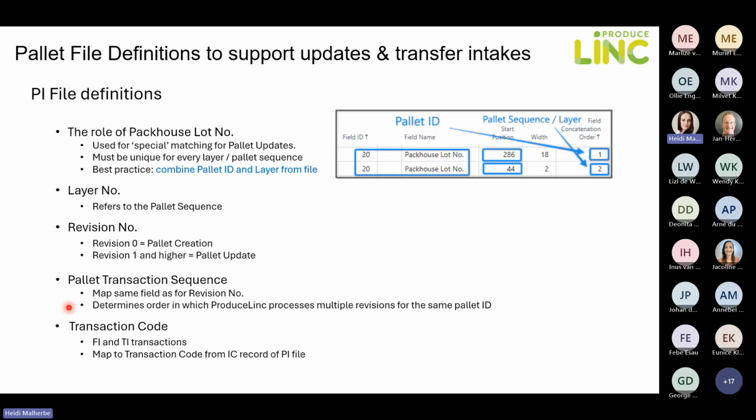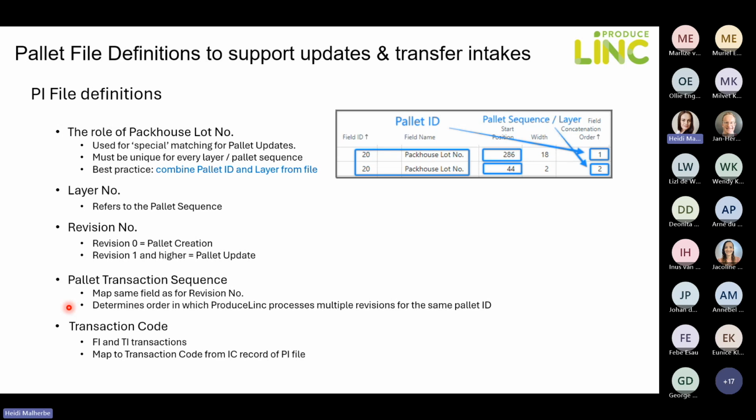Imagine you have pallet ID A already existing in your system, and you've now imported 3 more files containing that same pallet ID with different revision numbers. But they weren't necessarily imported in the order of the revision. So there's a file with revision 1, 2, and 3, but 3 was actually, for some reason, it got into ProduceLinc before 1 and 2 did.